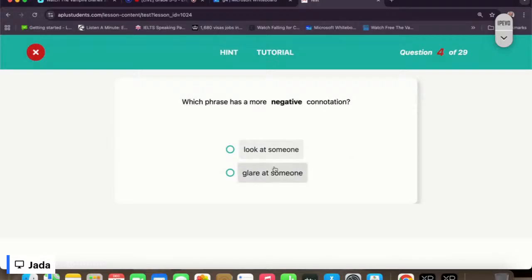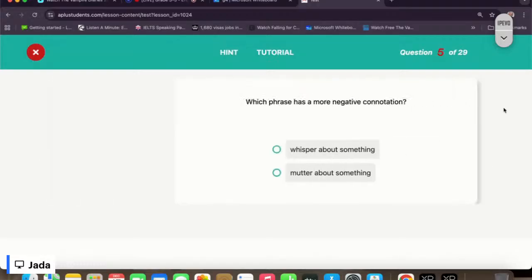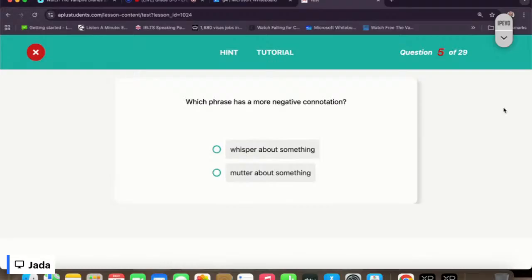Alright, so we have glare. Then, which is negative? Whisper about something or mutter about something. Which of them?